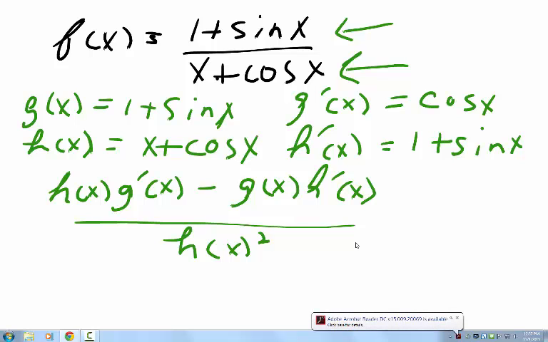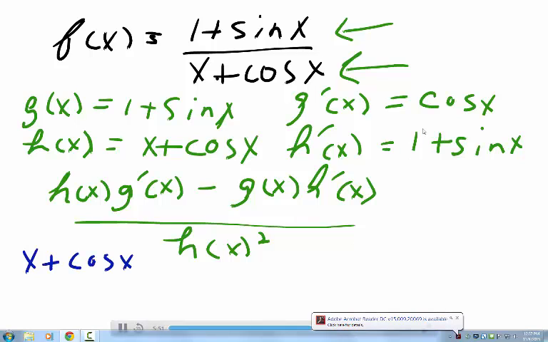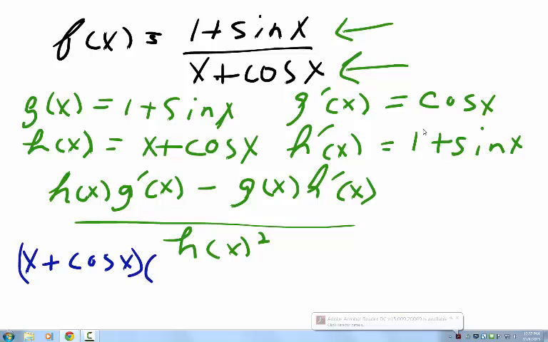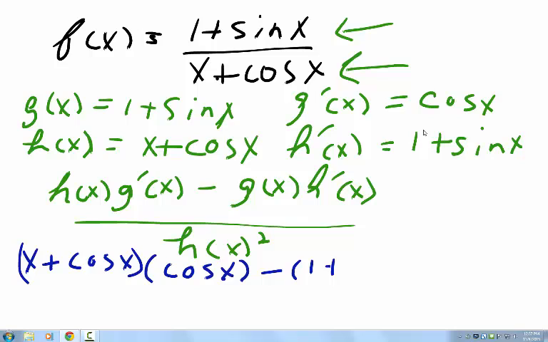Plugging in our values, we get x plus cosine of x times g prime of x, which is cosine of x, minus 1 plus sine of x, just following our formula here.